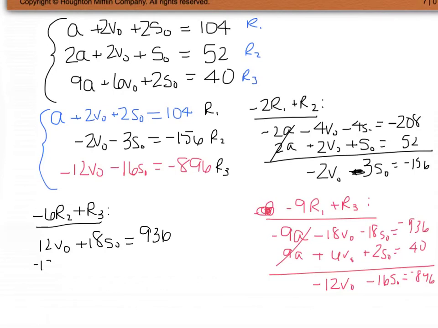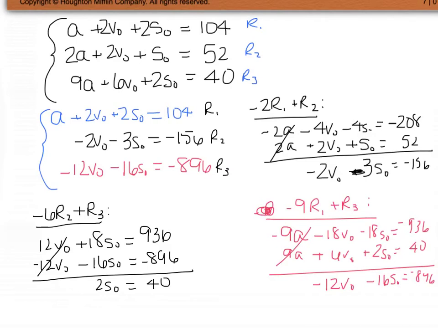Then I have my negative 12v sub 0 minus 16s sub 0, which gives me negative 896. The v's are going to cancel. 2s sub 0 equals 40, so s sub 0 is equal to 20 when I divide.